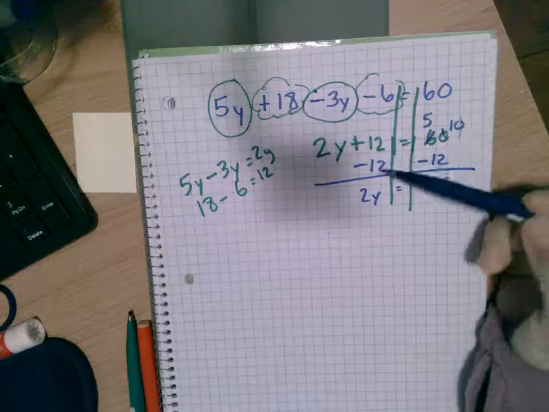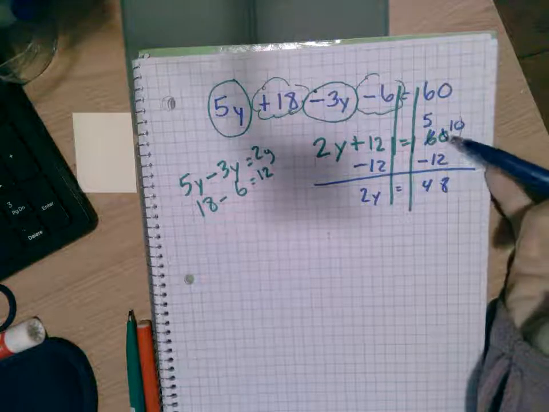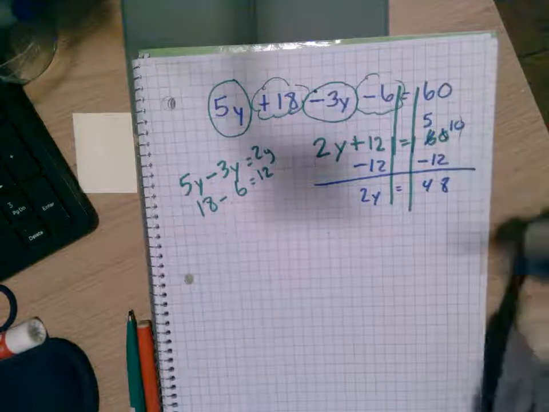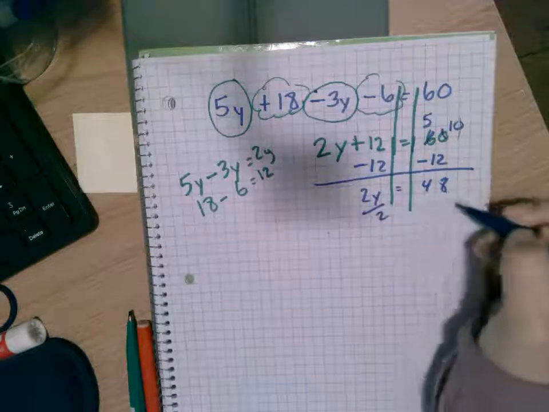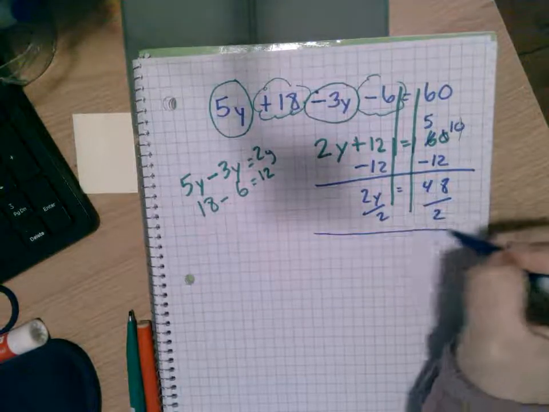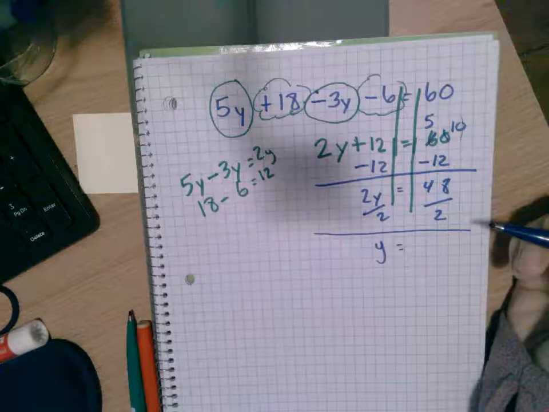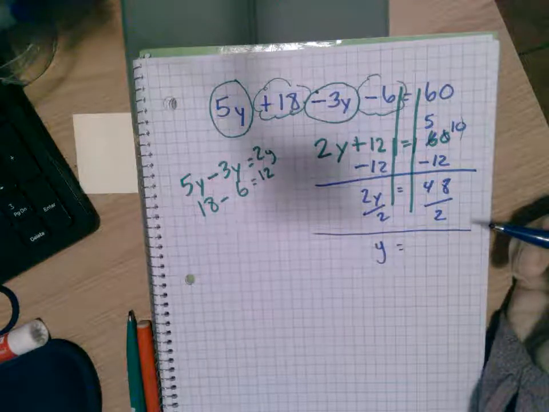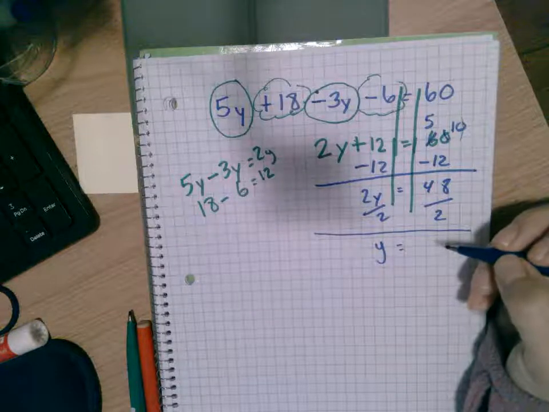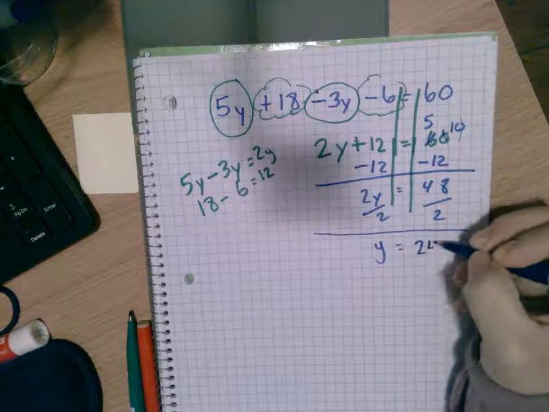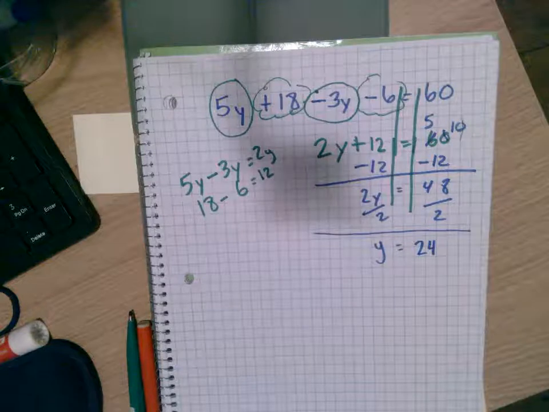So we're going to subtract 12 on both sides. 60 minus 12 is 48. Divided by 2. What's 48 divided by 2? Yep, 24. All right, are there any questions?